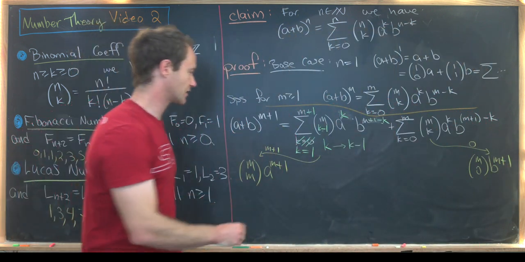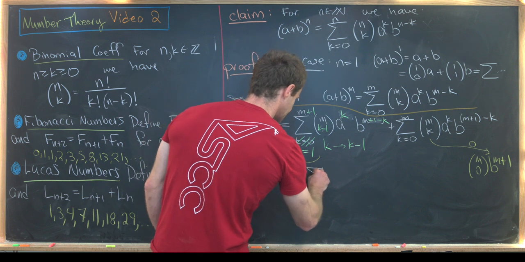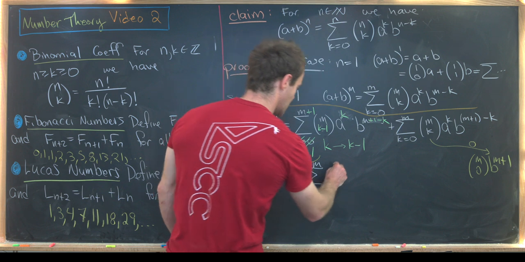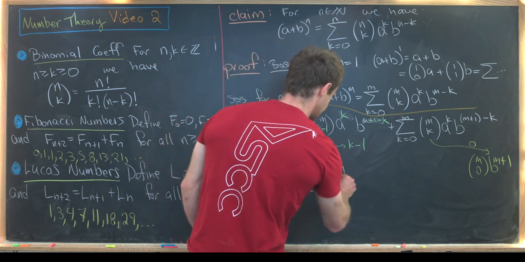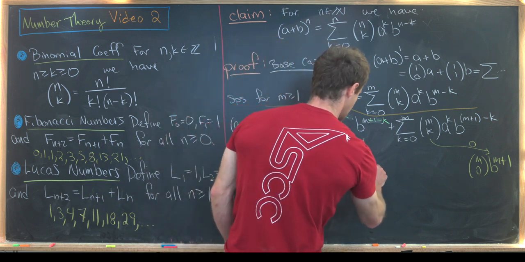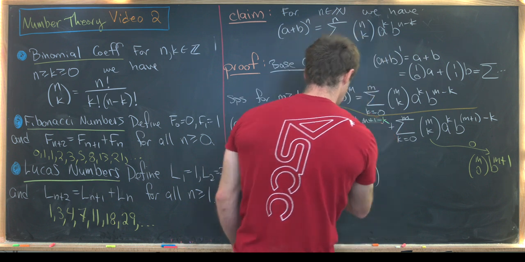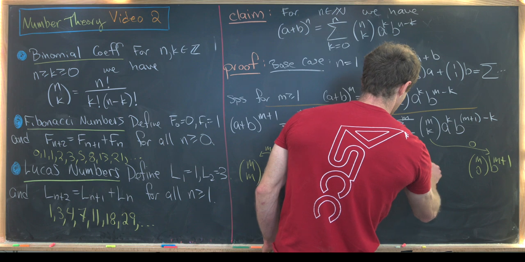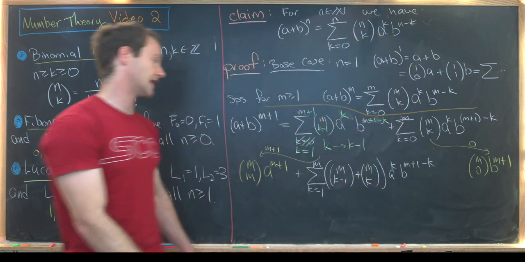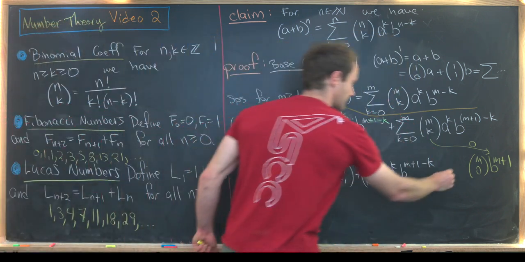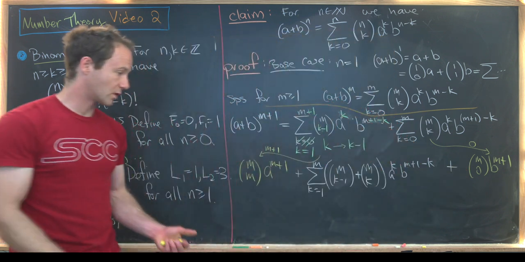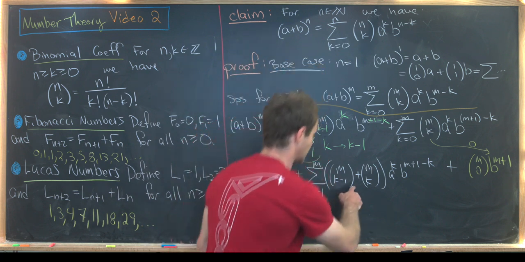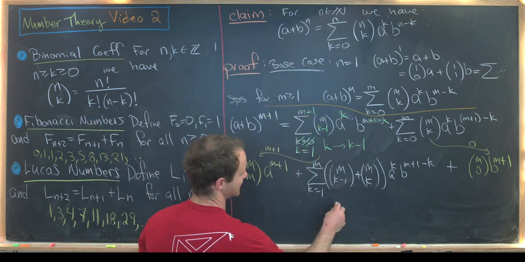Okay. Let's see what we're left with in the middle. We've got this sum as k goes from 1 up to m of m choose k minus 1 plus m choose k, and then a to the k, b to the m plus 1 minus k, like that. Okay, great. But now we're essentially home free, so we can rewrite these using the definition.